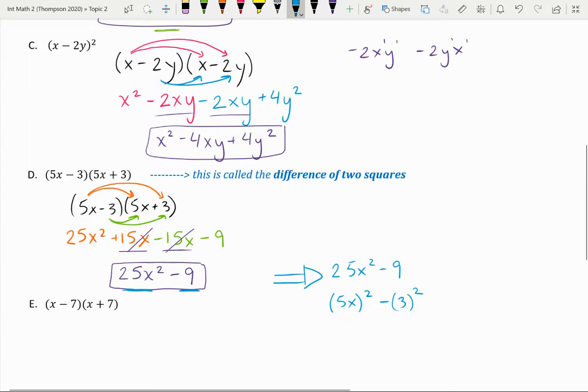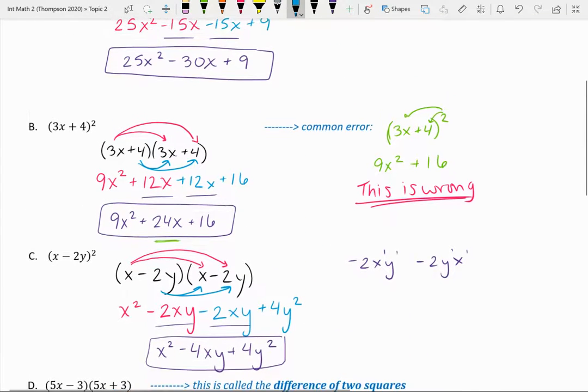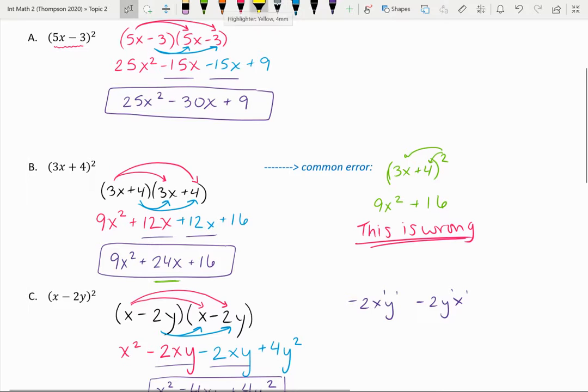The difference of squares in factored form, which is this form up here that the problem was given in, you'll notice that I have different signs, right? I have one subtraction and one addition sign. Up here on A, B, and C, when I wrote these out, I always had the same sign. So if we look at A, I have 5x minus 3, 5x minus 3.